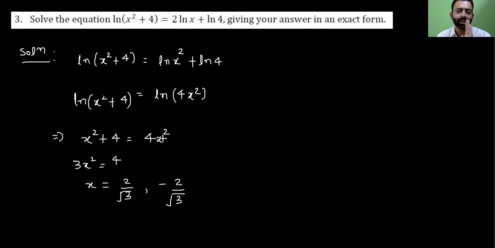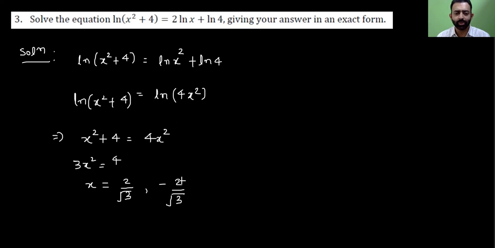What I mean by allowed is that our original question was of logarithm, and we know that the domain for logarithm is always positive values. Log is not defined for negative values.